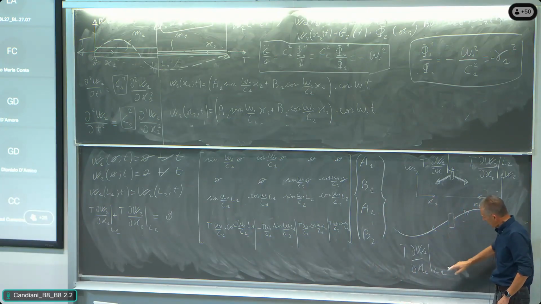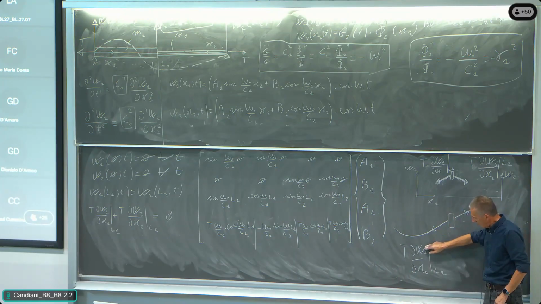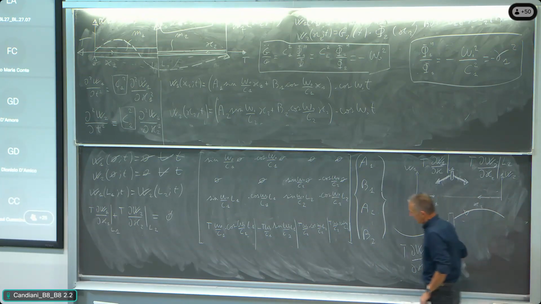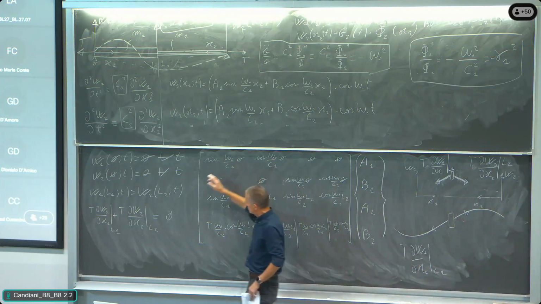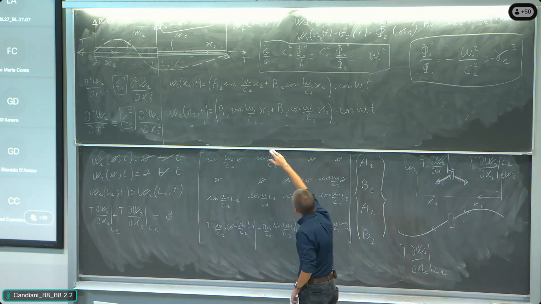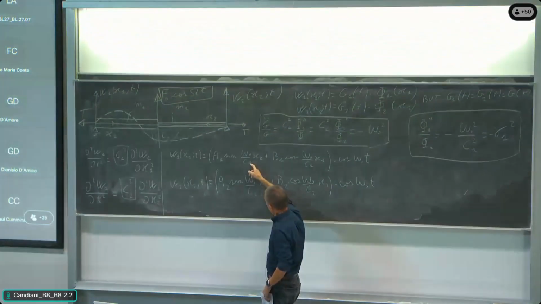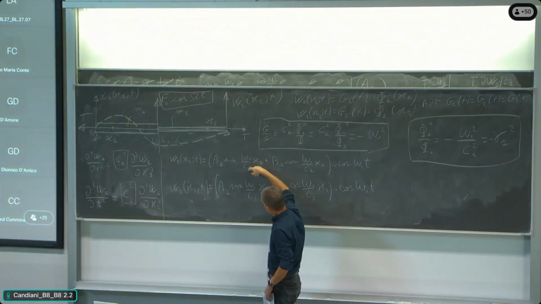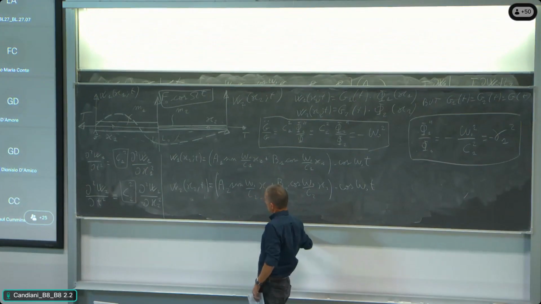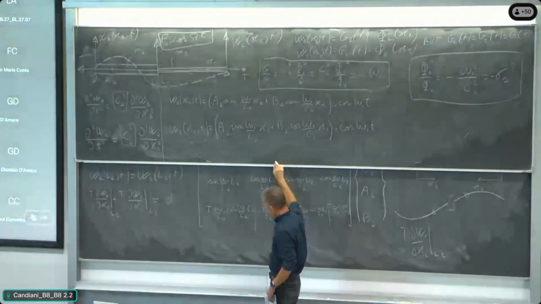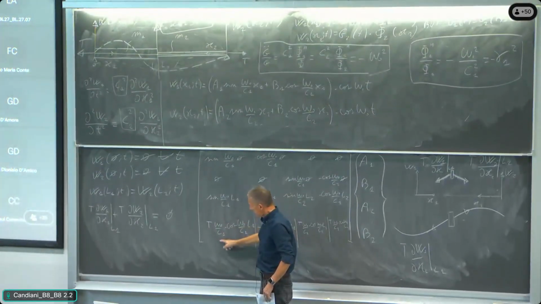So at the location L1 into w1, derivative with respect to x. The derivative with respect to x of this function here, what we get out from the harmonic function, is omega/c1. All right, and so we should have T, tension, omega/c1.